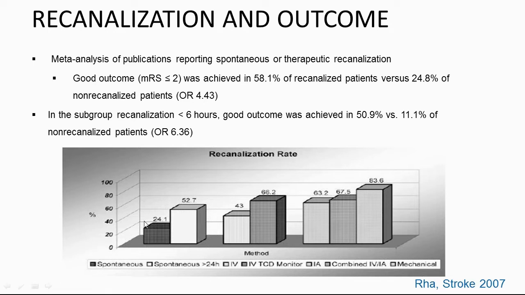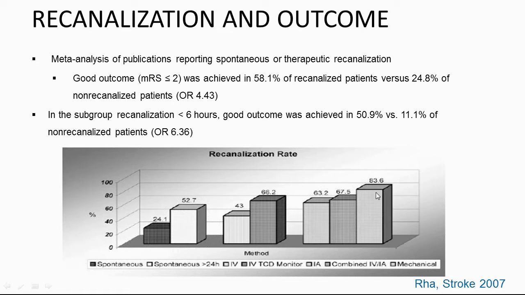This just looks at spontaneous reperfusion initially and at 24 hours. Here's reperfusion initially and at 24 hours with IV TPA, and here's reperfusion with IA TPA as well as mechanical thrombectomy.